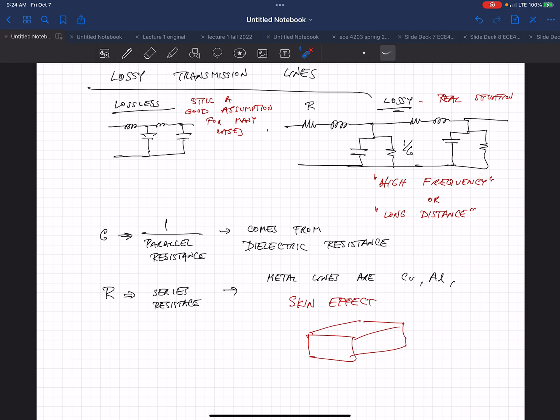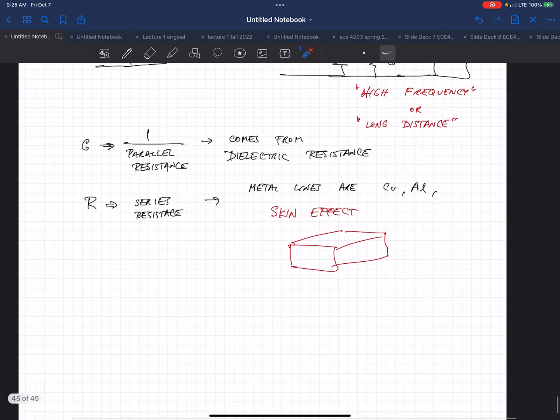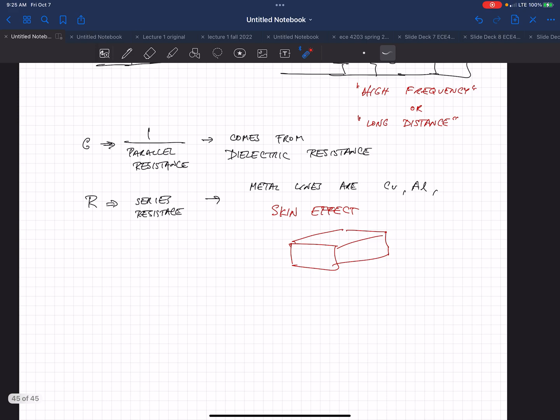Okay, that's called the skin effect. Again, we'll hopefully come back to talk about that. That's an electromagnetic effect. But anyway, the upshot is that these resistances come out of the fact that we're dealing with real dielectric and real metals. Okay, so it's part of our thing.